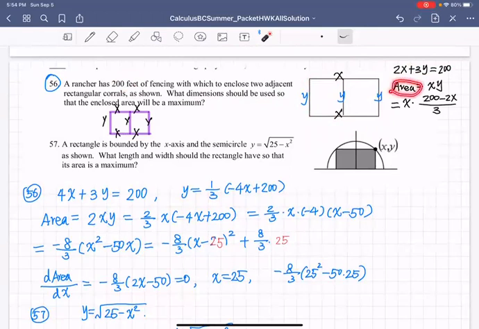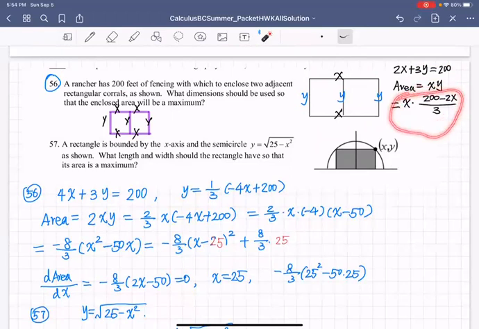So your area will be x times y. And then your y can be rewritten as (200 minus 2x) over 3. So this is going to be the function. Does that make sense?